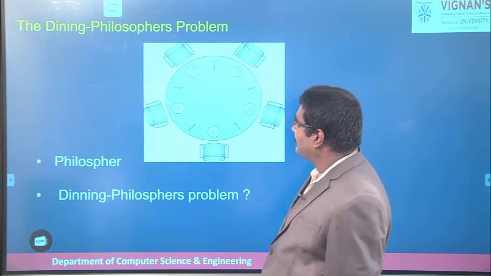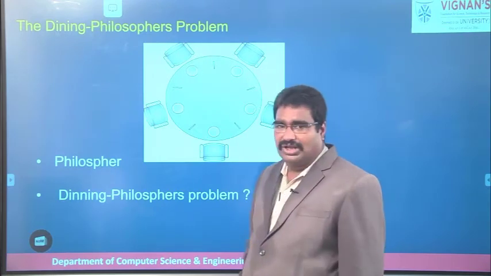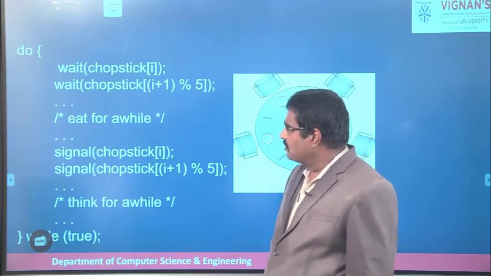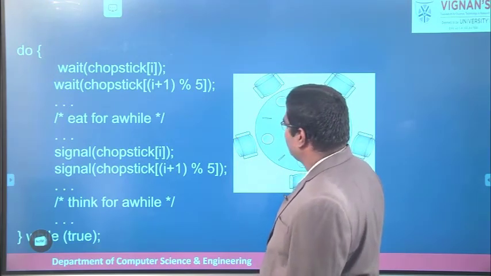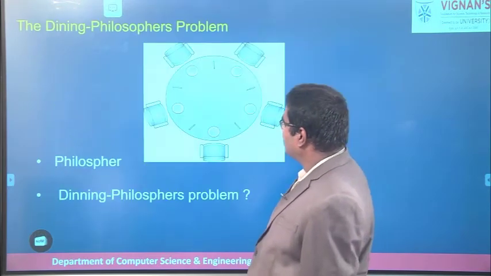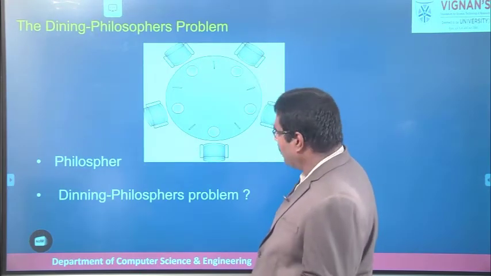Here we discuss the solutions to the dining philosophers problem. In the solution, the data structure we use is chopstick, an array whose size is equal to the number of chopsticks.